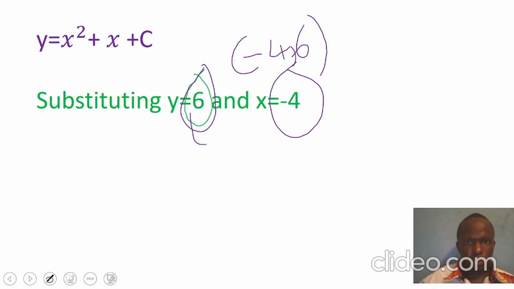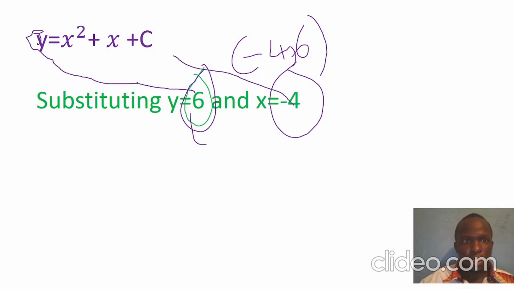Okay, so we are going to do the substitutions based on this in the equation. Where we have y, we substitute 6. Where we have x, we substitute -4, as shown that way.